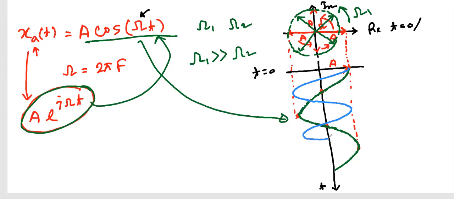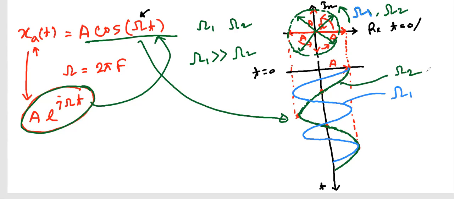I believe that you have understood the facts. So what does it mean? Let's say omega 1 is the blue one. For the blue one, we have got this. And for the green one, the rotation can be represented like this, this is for omega 2.